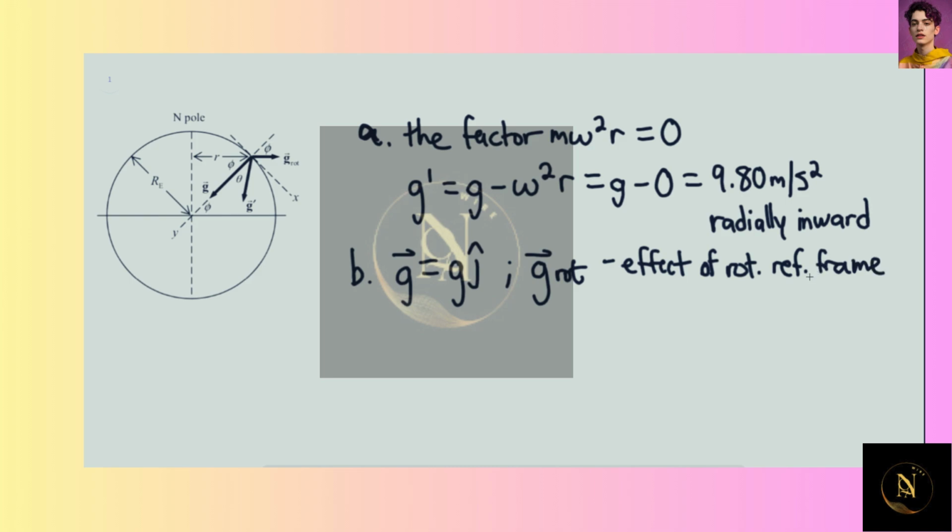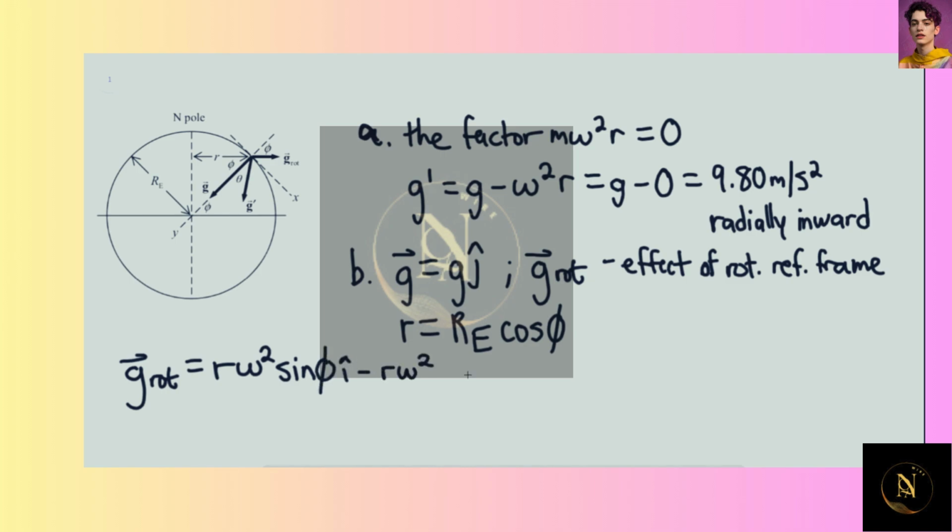So essentially, the effect of this vector can be found by using it along the axis, and we know that the new r would equal the radius of the Earth times cosine of the latitude phi. And so we can say that g sub rotate would equal r omega squared sine of phi i hat, minus r omega squared times cosine of phi j hat.